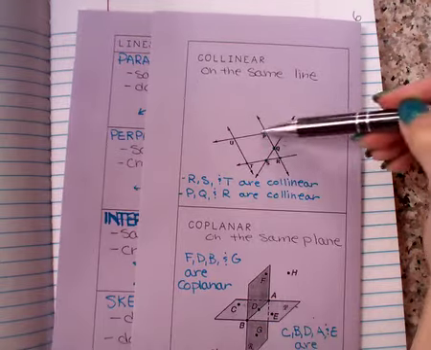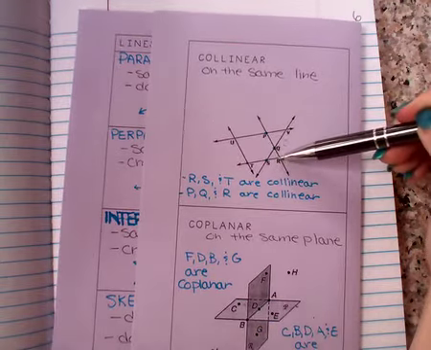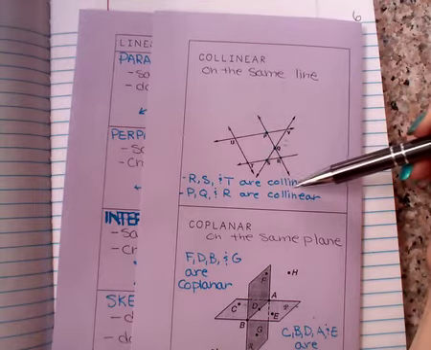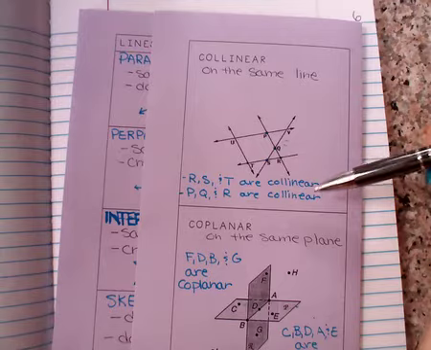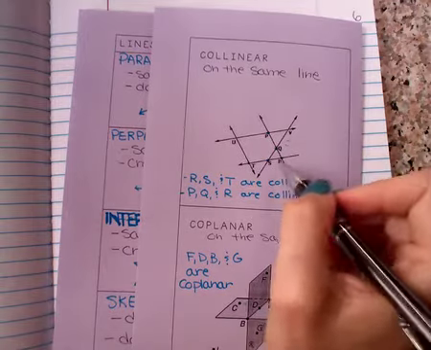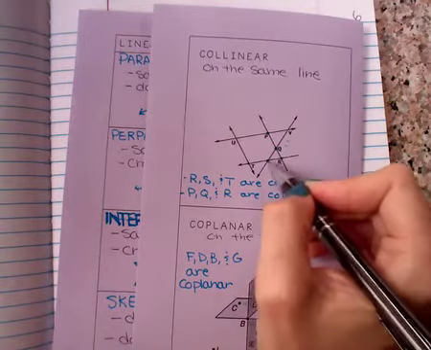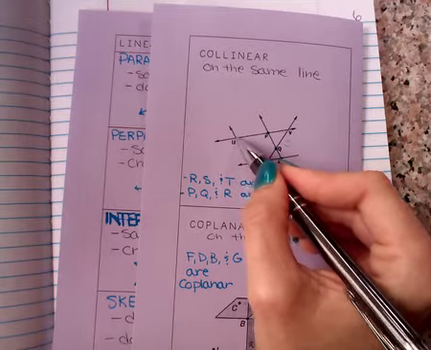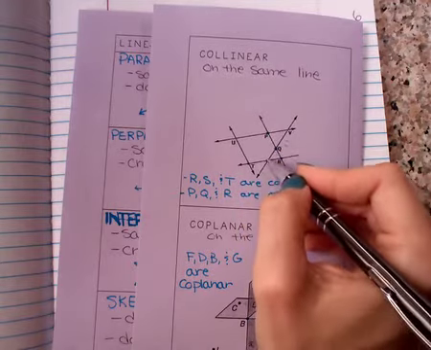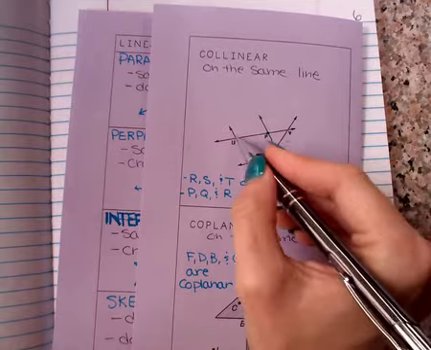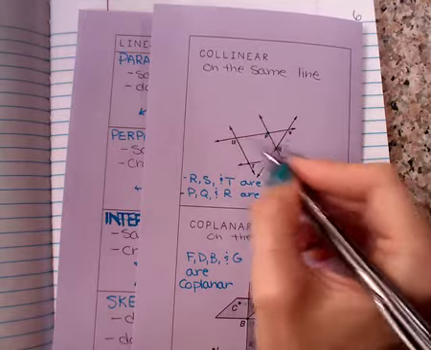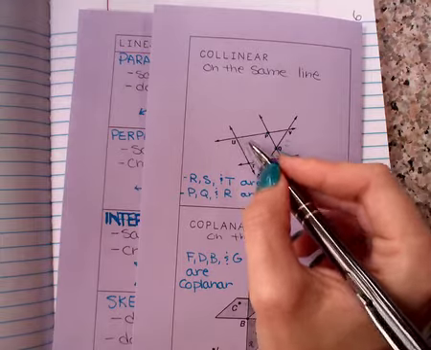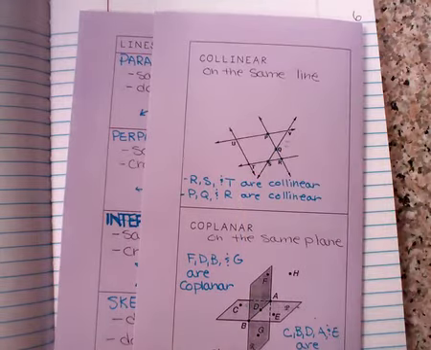Or points P, Q, and R are all collinear because I can draw a line through those 3 points. If I was going to choose the points S, R, and U, those points would not be collinear because there's no way that I can draw one single line to hit all 3 of those points. So those would not be collinear points.